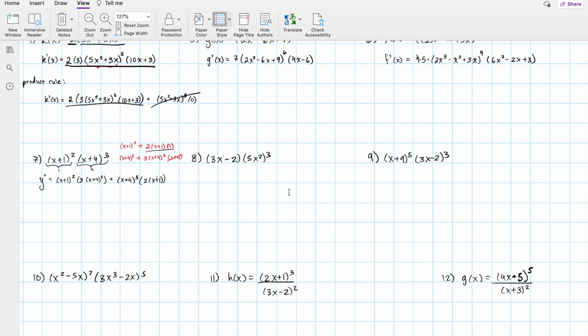Okay, number 8. Same idea, term 1 and term 2. Again, it might be useful to write down the derivatives of each on the side. So the derivative of 3x minus 2 is just 3.